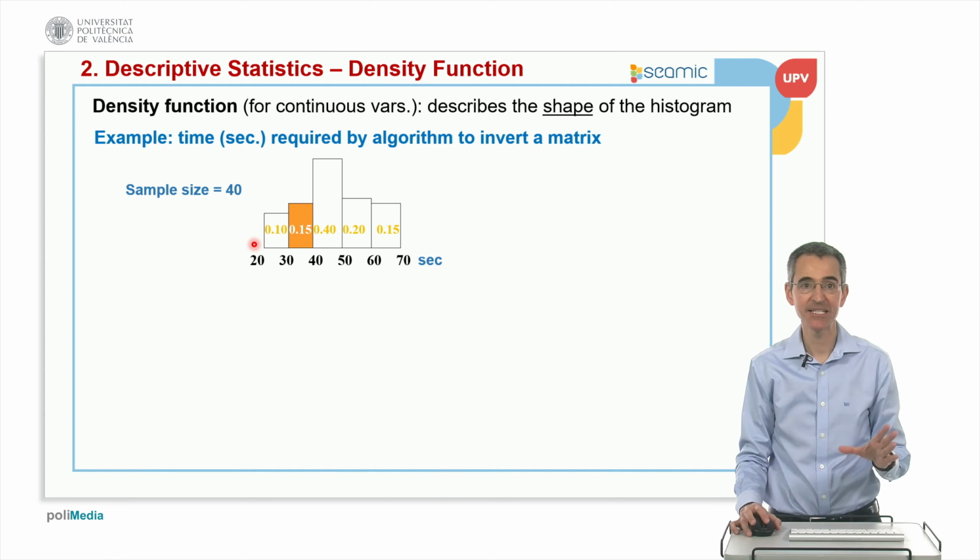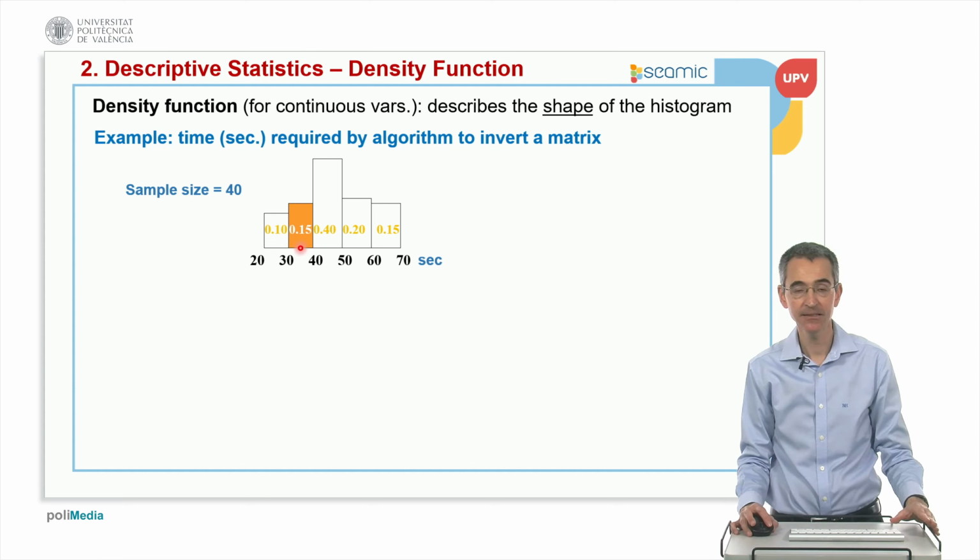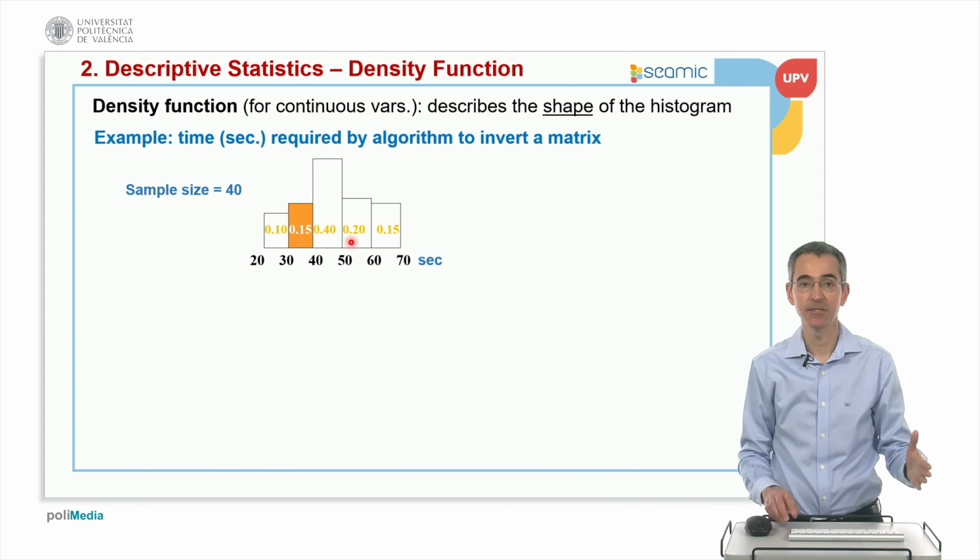This histogram is a bit special because the frequencies are indicated according to the area. So for example, the area of this bar is 15% of the total. This is 14% of the total, and so on. So if I sum the area of the bars, the sum is 1.